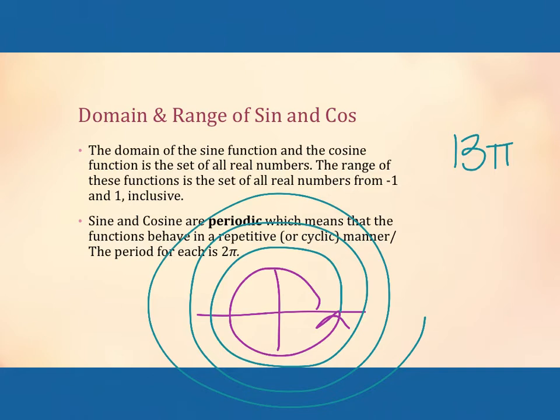Does that make sense? So all my even whole numbers are going to continue to be on the right-hand side. 2 pi, 4 pi, 6 pi, 10 pi, 32 pi, 148 pi would still be on the right-hand side and still give me the point (1, 0). All my odd whole numbers are going to be on the left side of my graph. So whether it be pi or 13 pi or 101 pi, I would know that the point that goes with it is (-1, 0). Does that make sense?